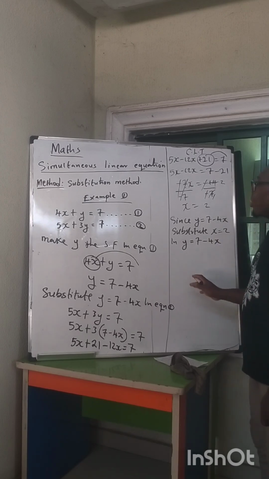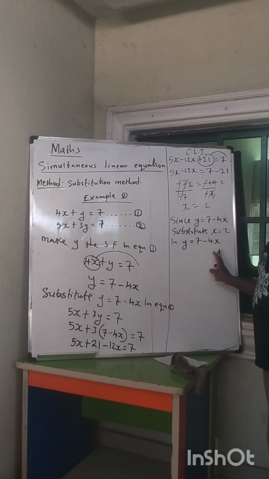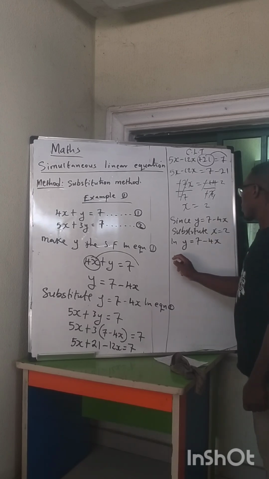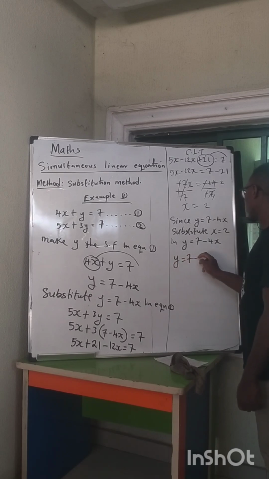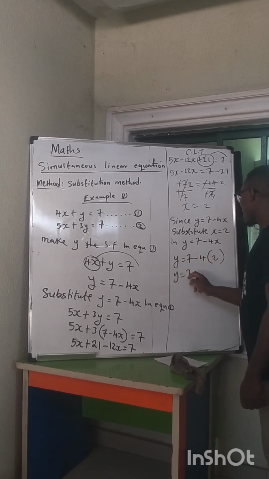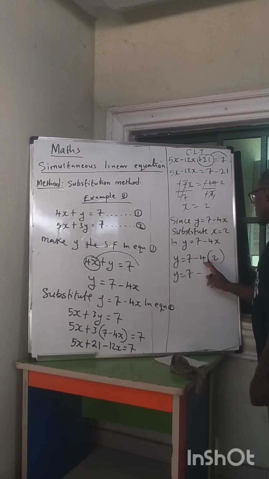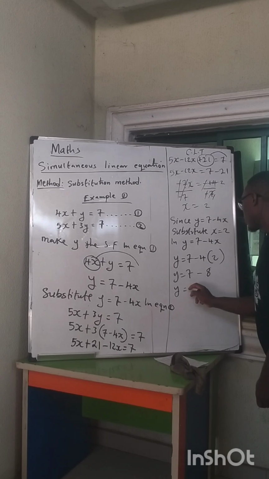What does that mean? Wherever you see x in this equation, now you put 2. Now we have y is equal to 7 minus 4 bracket 2. Y is equal to 7 minus 4 times 2 is 8. You have y is equal to minus 1.